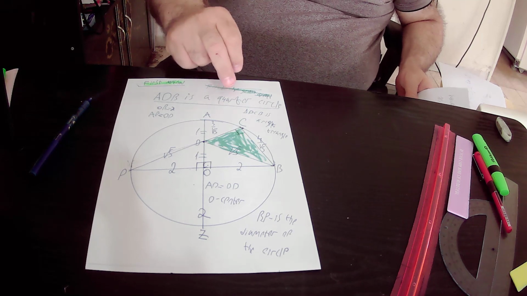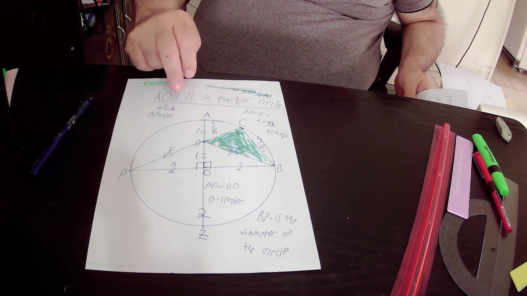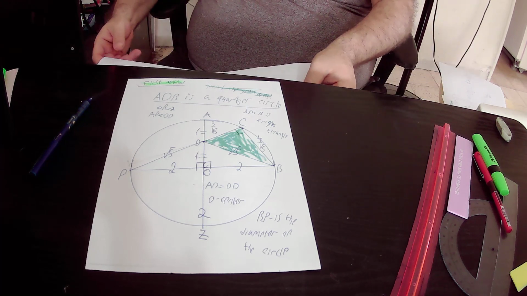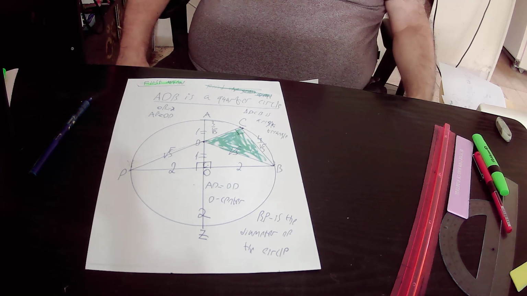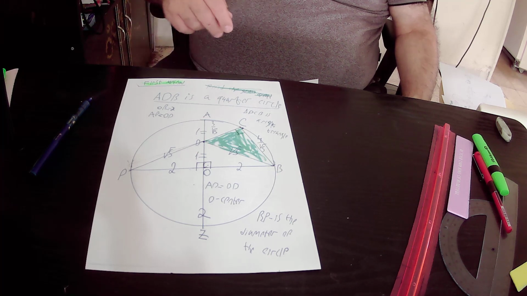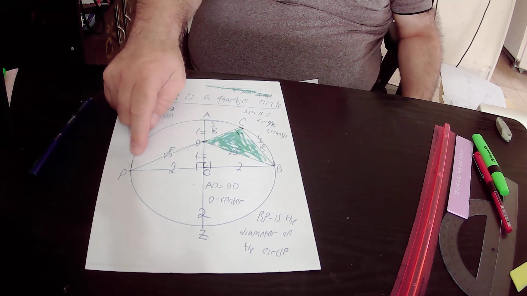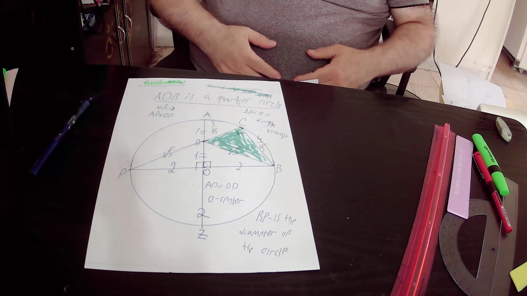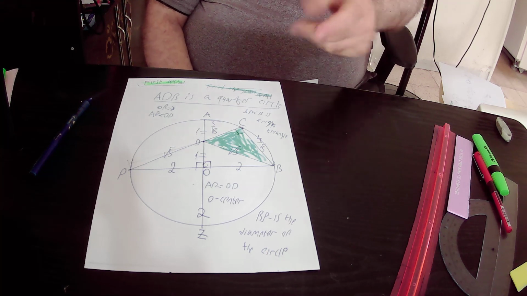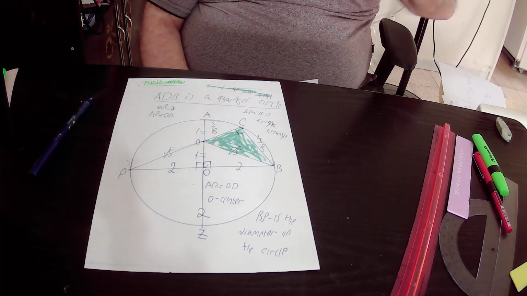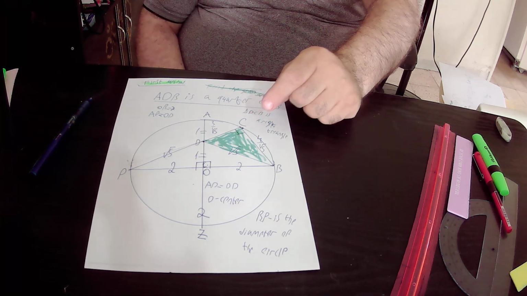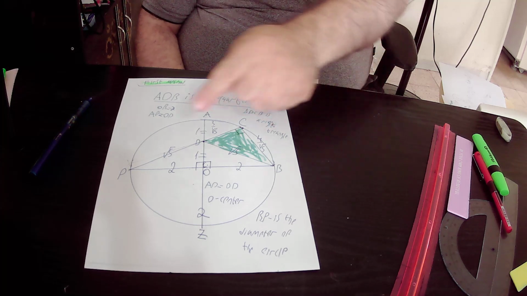Then we extended side CD by a straight line until it touches the circle. We actually don't know where the extended side CD will touch the circle, so we'll assume that it will touch the circle at this point, point X, that is not point P. So we actually created here peripheral angle BCX, equal to 90 degrees, and it is not resting on the diameter of the circle, that is PB.